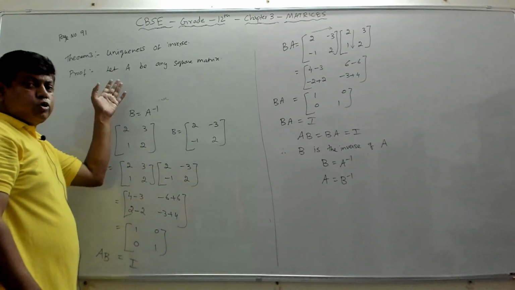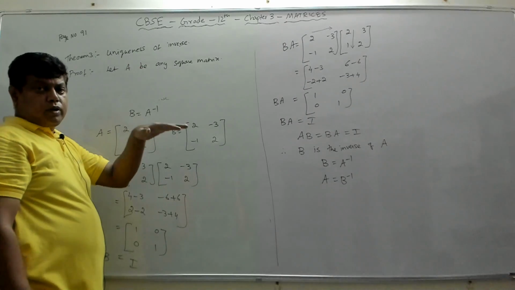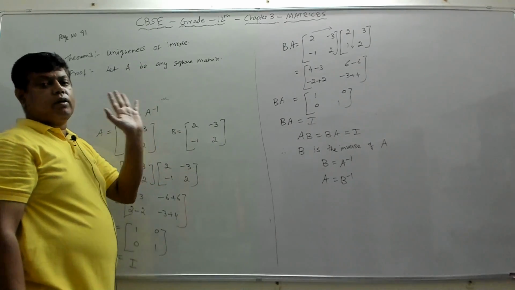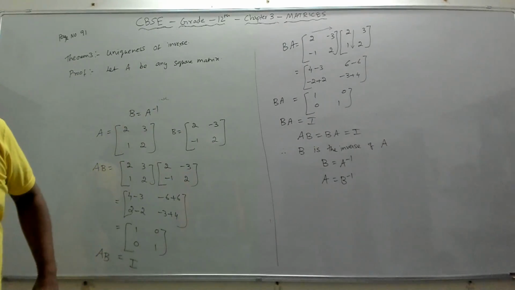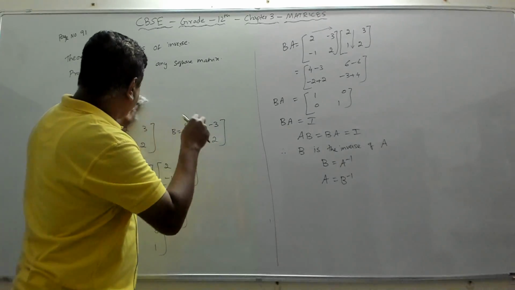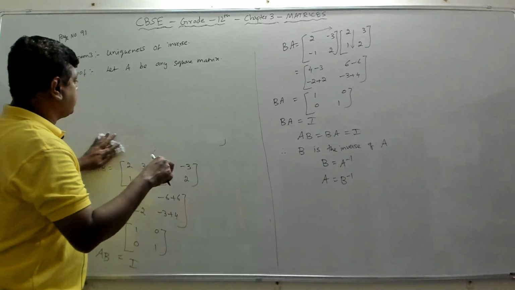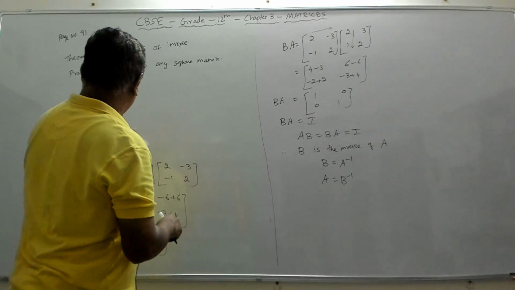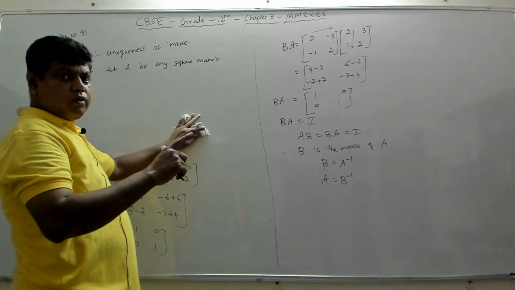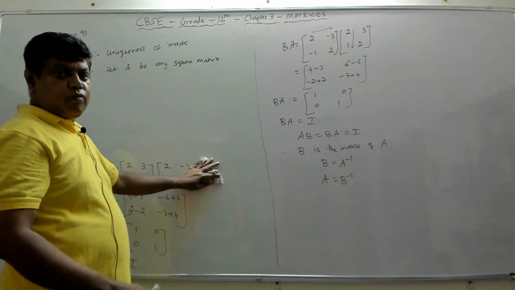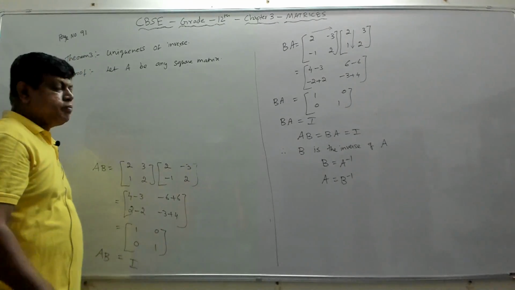Now we should show that if A has an inverse, then that inverse is unique, which means if A has an inverse, it can have only one inverse. Either it will have only one inverse or it will not have any inverse, which means it cannot have two inverses.